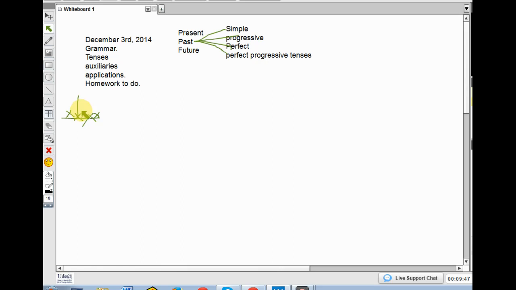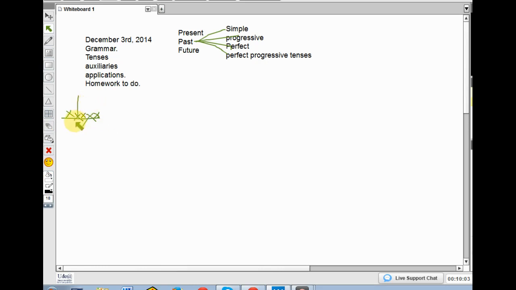Now, I hope that you are taking notes about this, about the concept. For example, this is the concept of the present simple. I want you to do this exercise. I want you to be creative. This is an example of the present simple.